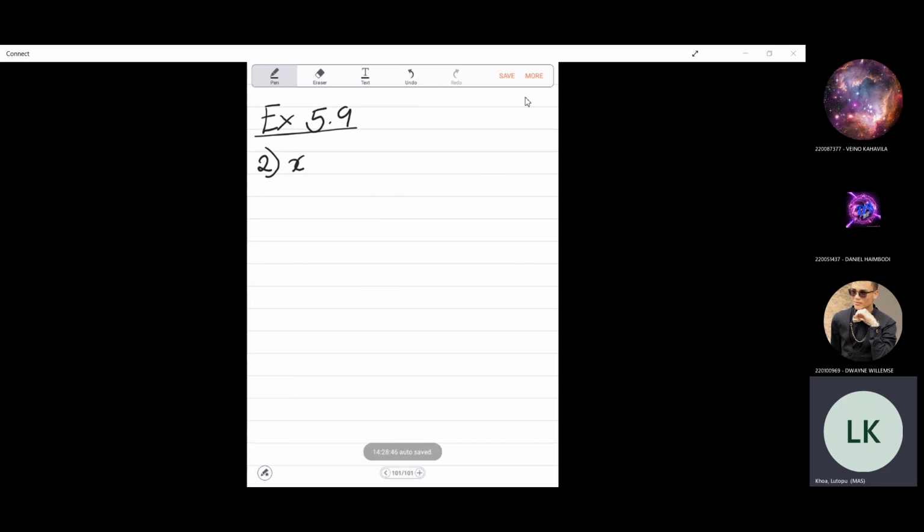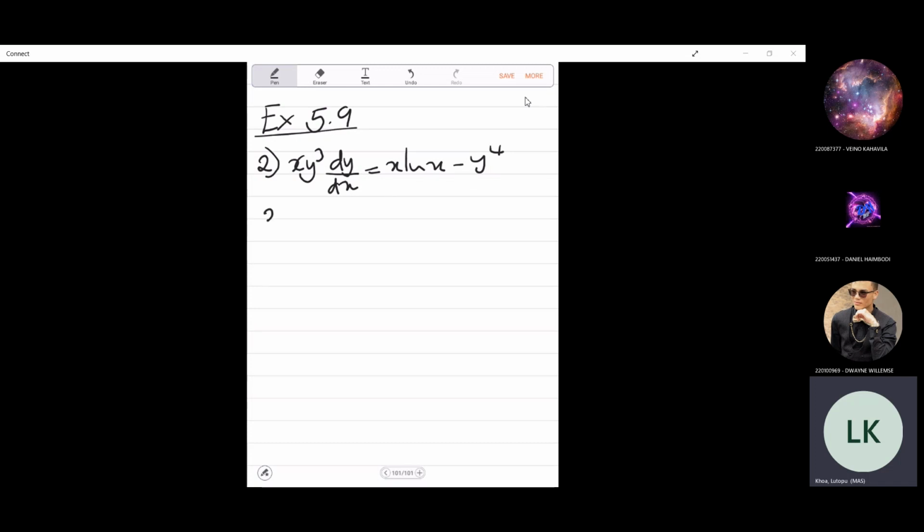We have x y cubed dy dx. This is x ln of x minus y to the power of 4. Okay, so first thing you want only x or only a function of x on the right hand side.